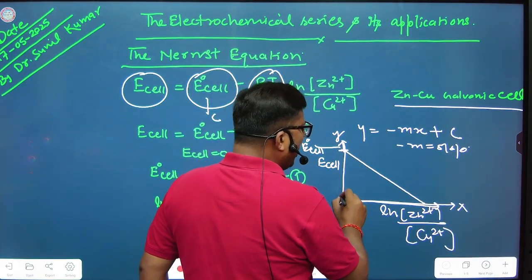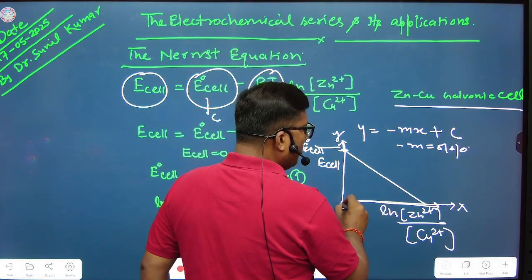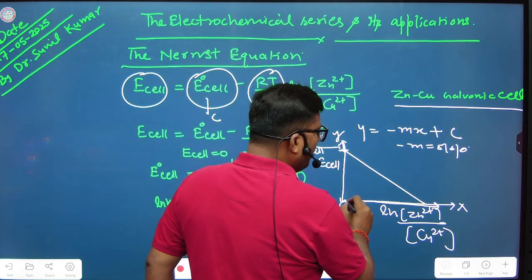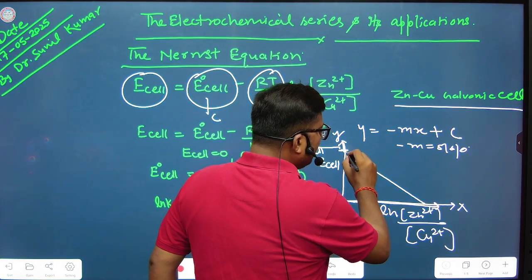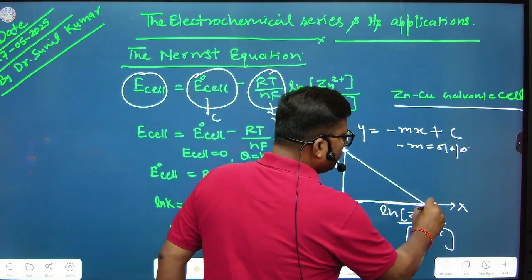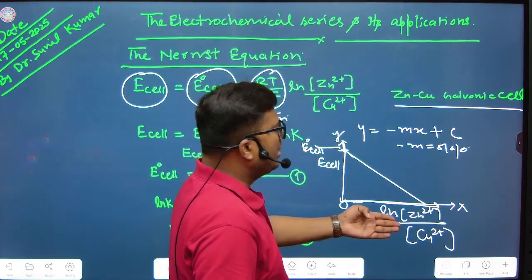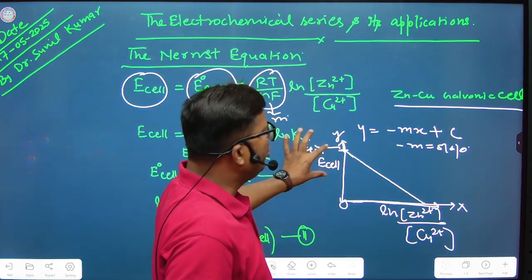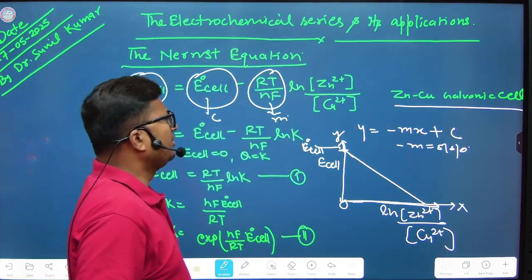This is the intercept on the y-axis. Once the value of the ratio increases, E cell decreases. It means the higher the value of ln Zn2+ over Cu2+, the lower the cell potential.